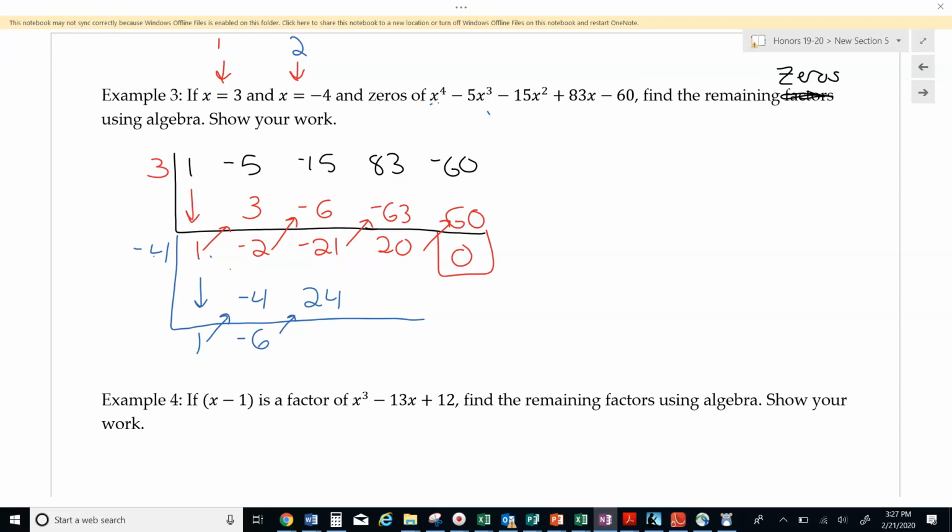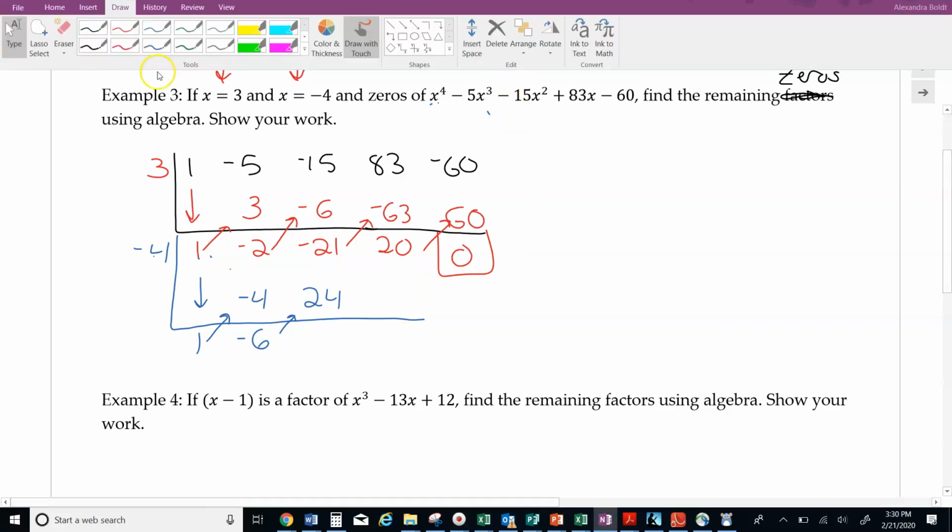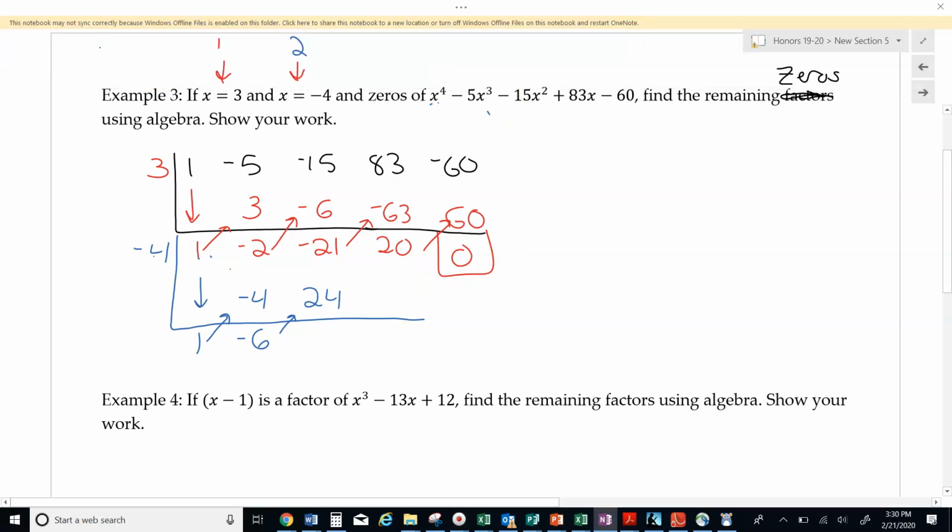Hold on. Okay, so I know there's an error because I know this isn't going to get me to 20. So I looked at the graph real quick, and it will work if I change this to 13 and this to 77. So I'm going to quickly make those changes.